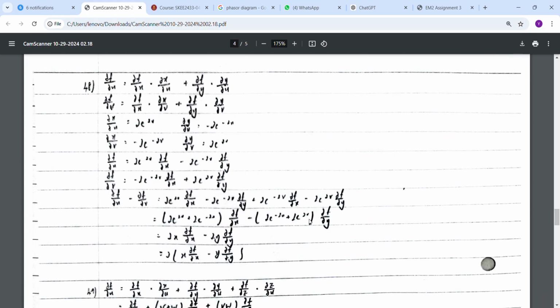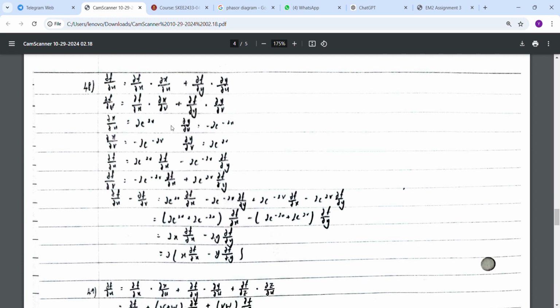For question 48, we are required to find ∂f/∂u first. ∂f/∂u will become ∂f/∂x multiplied by ∂x/∂u plus ∂f/∂y multiplied with ∂y/∂u. Also, the question has already given the values of x and y, and we can use them to find the derivatives following the requirements of the question.